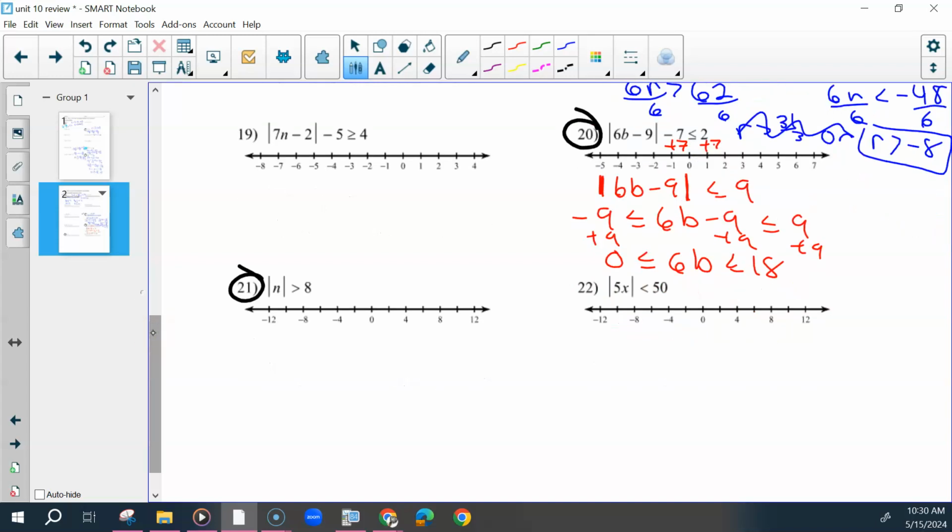Divide everything by 6. So you have a line that starts at 0 that ends at 3. They would both be closed.